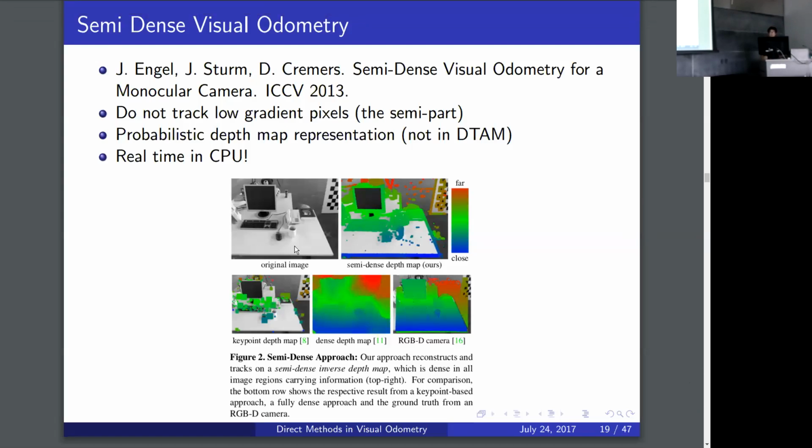You want to avoid wasting time updating depth pixels that are hard to correspond, essentially. But you want to focus on pixels that are easier to correspond because they have a higher pixel gradient, like the edges of the table, things that sort of jump out in red.